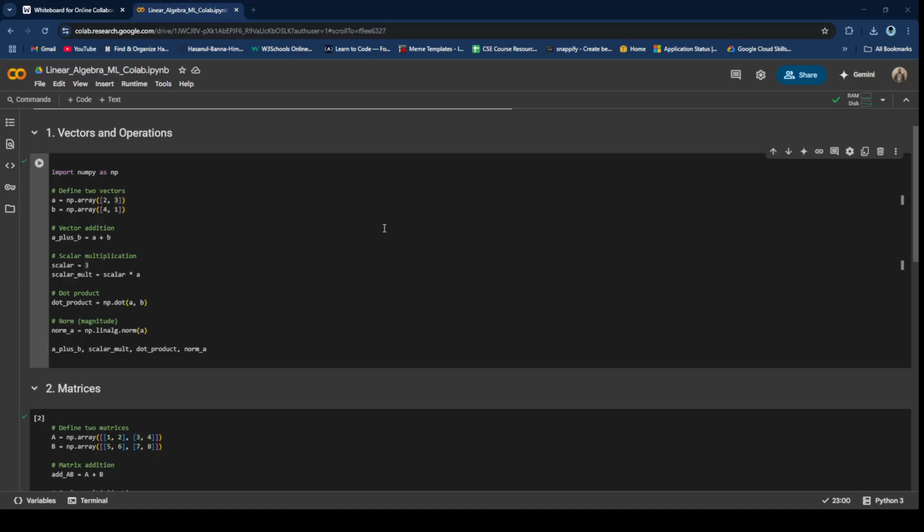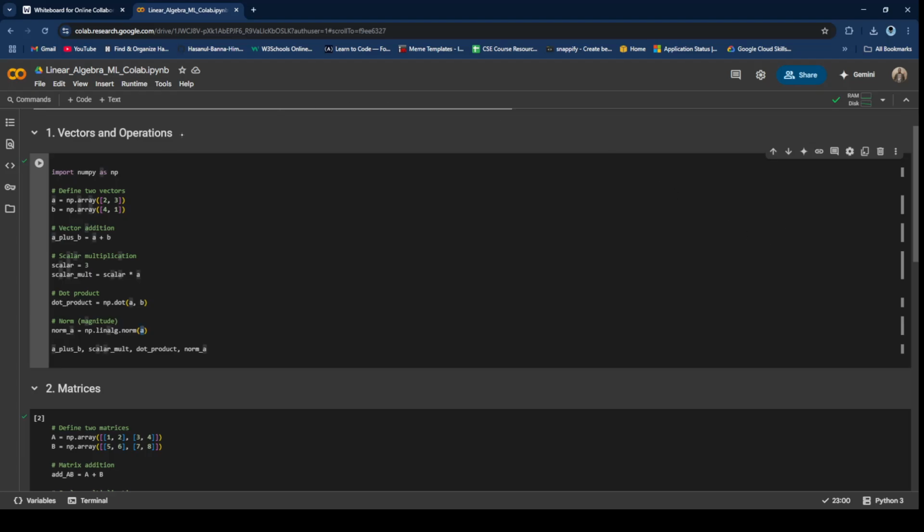Here, we are defining two vectors, A and B. Here, A plus B shows the addition, and here it is showing the scalar multiplication, the scalar with our vector. In this line we are computing the dot product, then the norm, using the Euclidean norm, the formula we have seen.